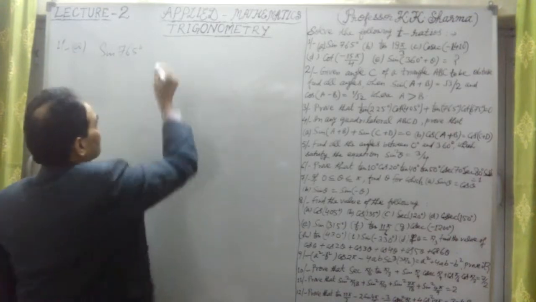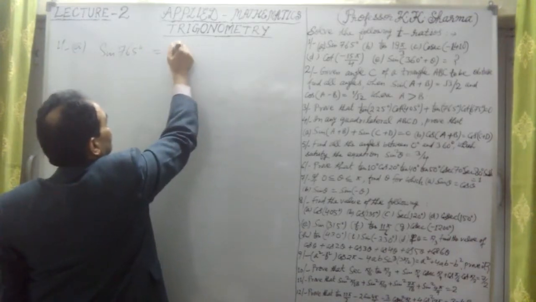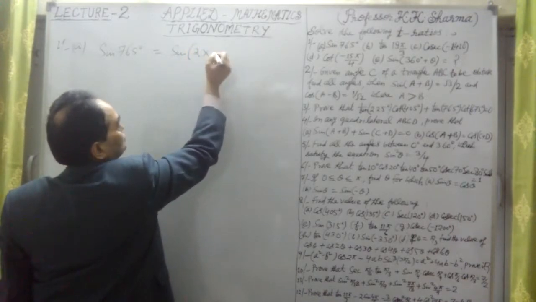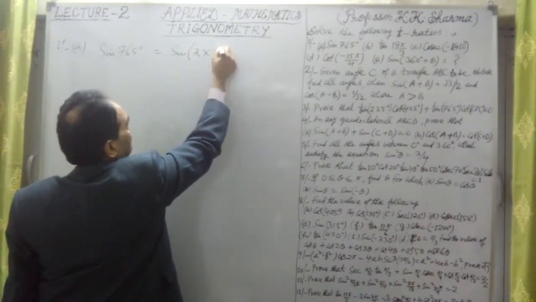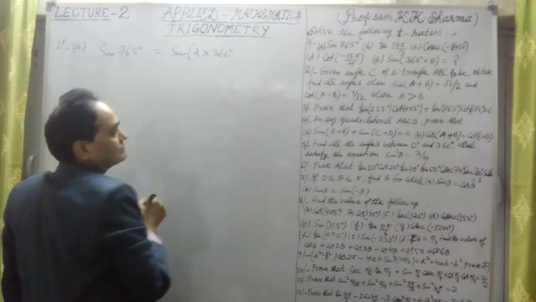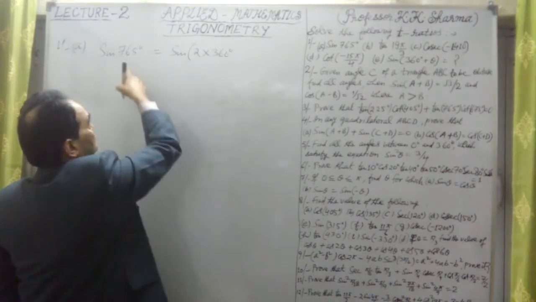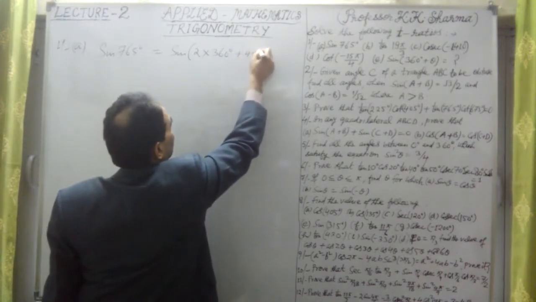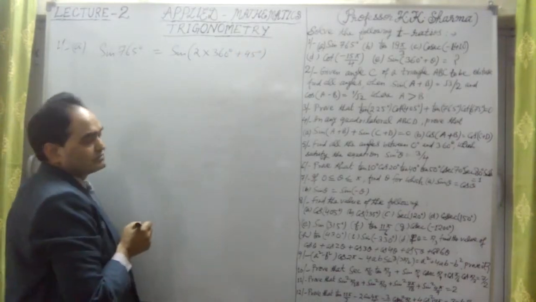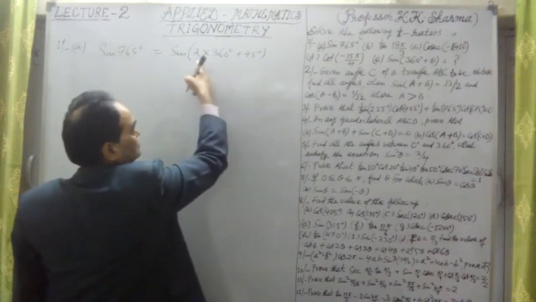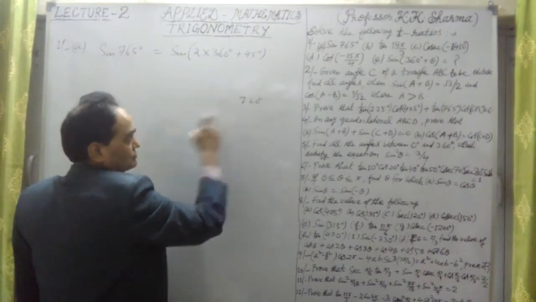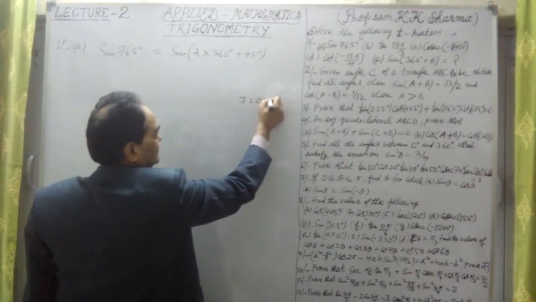Let me write it as sine of 2 into 360 degrees, which is 720 degrees, plus 45 degrees.